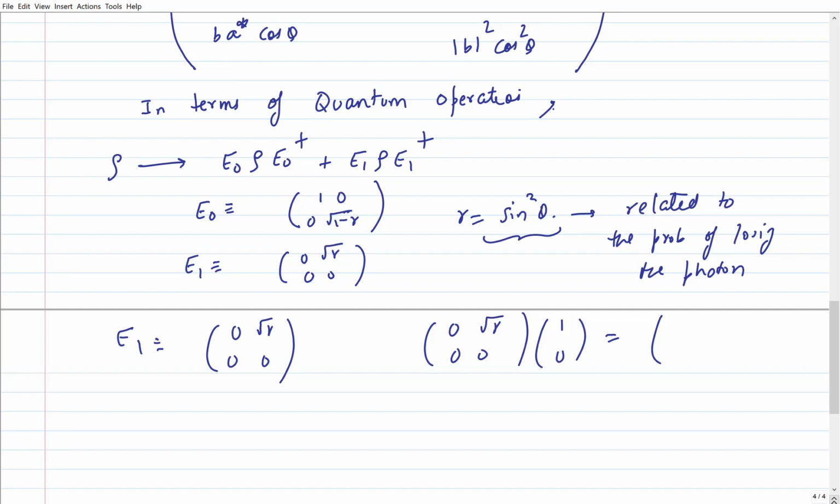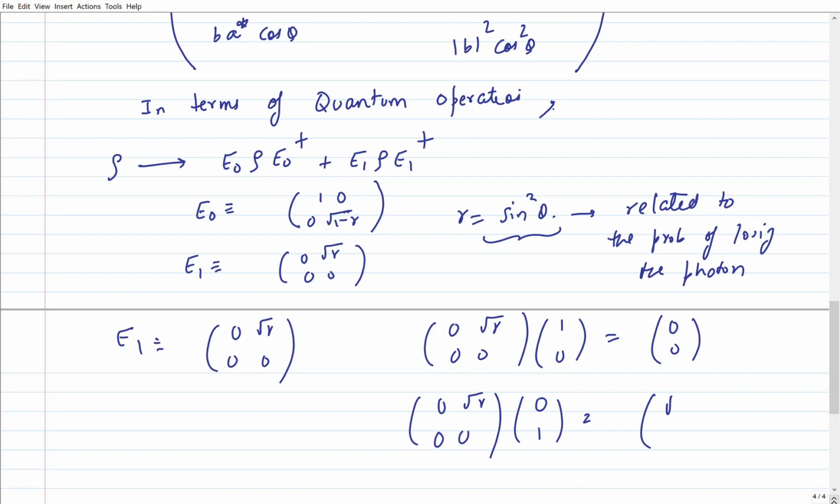It's going to basically destroy the zero ket, whereas what is it going to do to the ket 1?